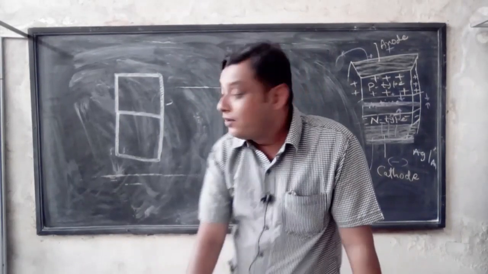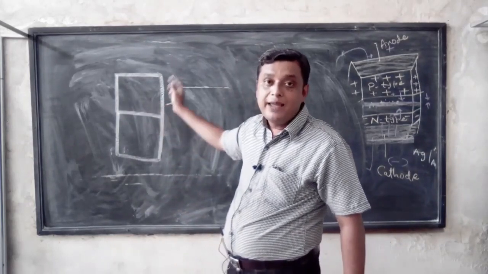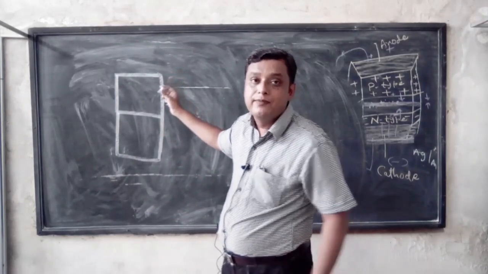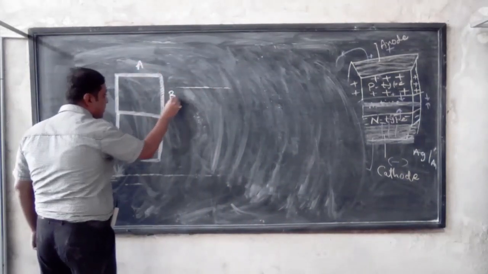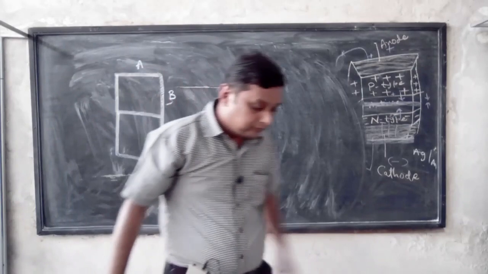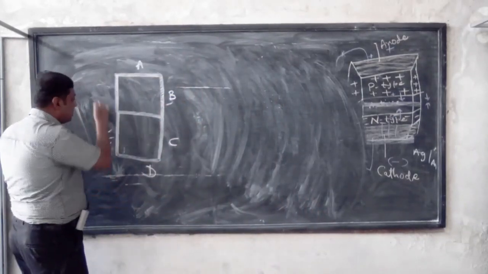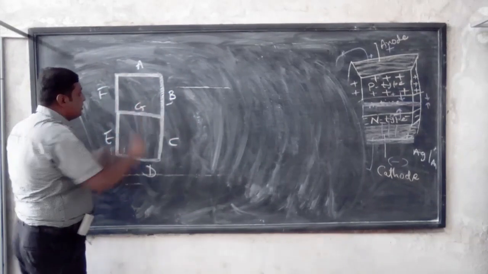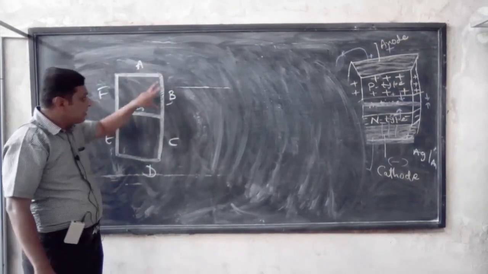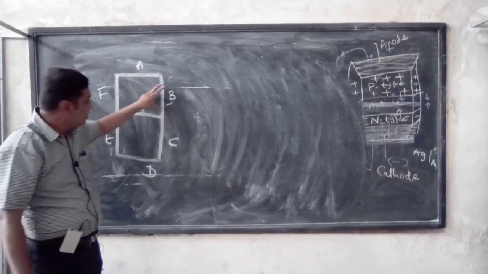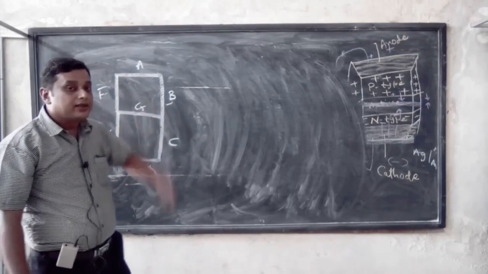So this is a 7-segment. Now I am going to name these LEDs: A, B, C, D, E, F, and G. So this line is made up of LED A, this line is made up of LED B, and then C, D, E, and F as well as G.